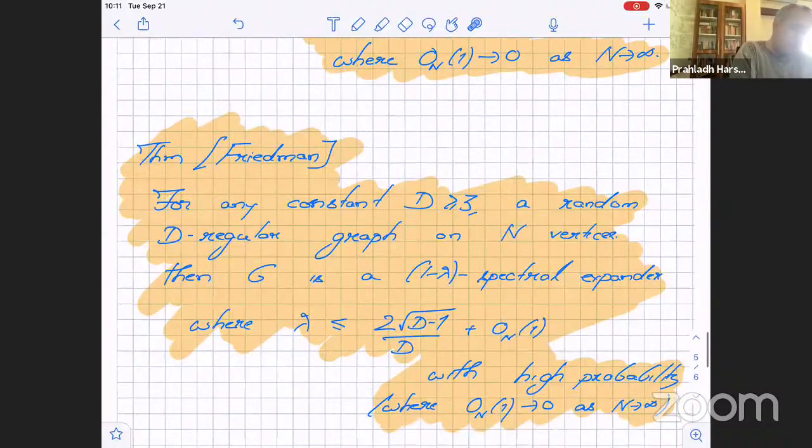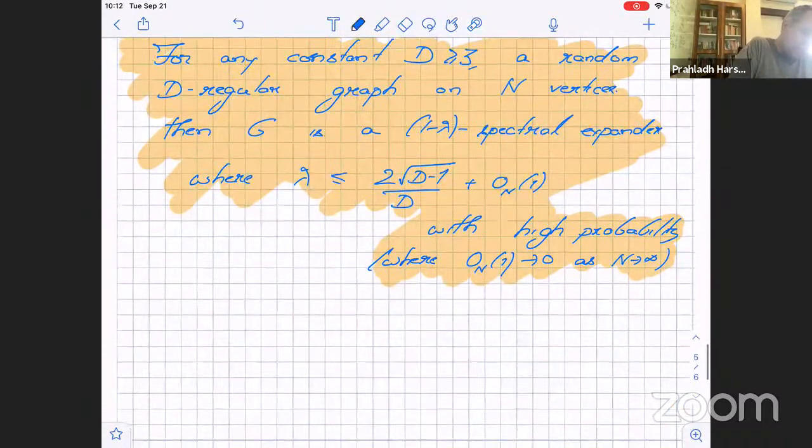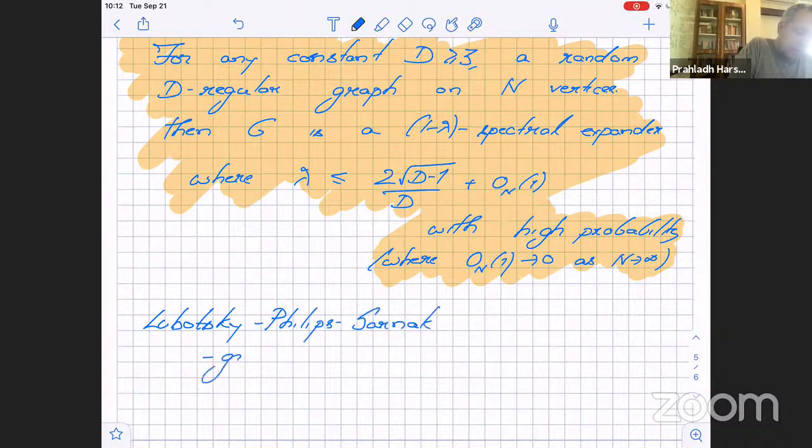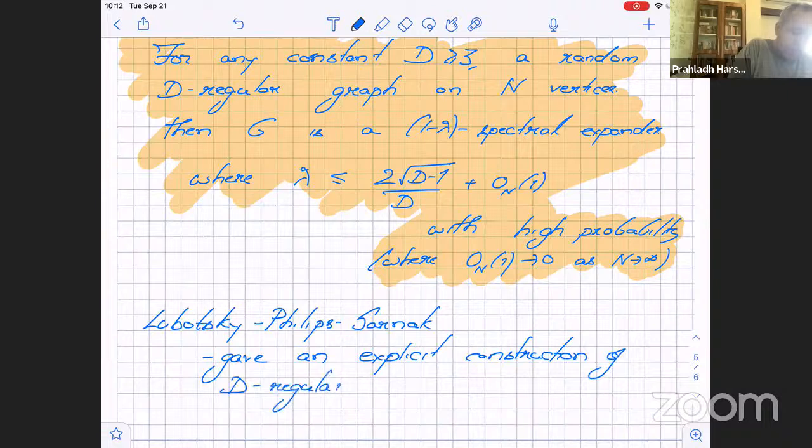And in fact, because of this, subsequently we will see, Ramprasad will mention this. Lubotzky, Phillips, and Sarnak gave an explicit construction of d-regular expander graphs for certain d's, not all d's.